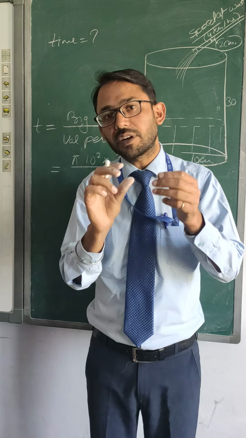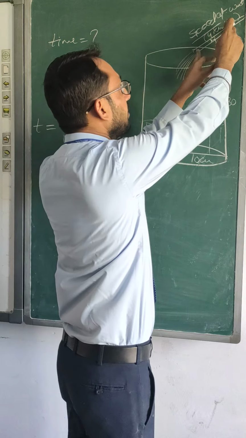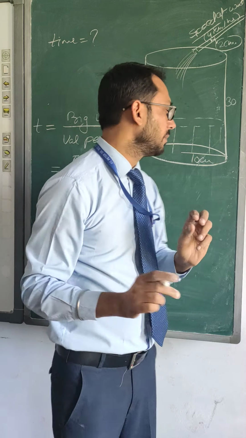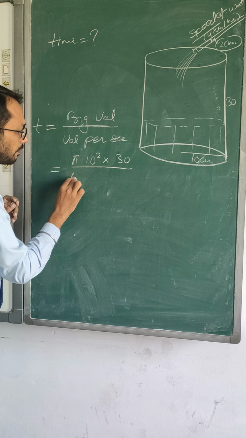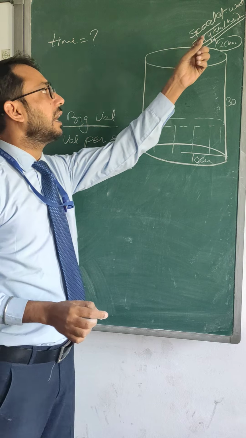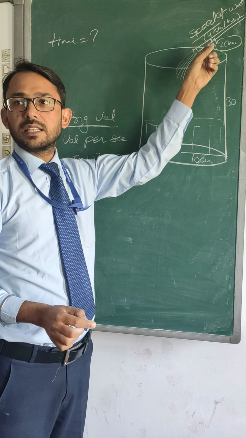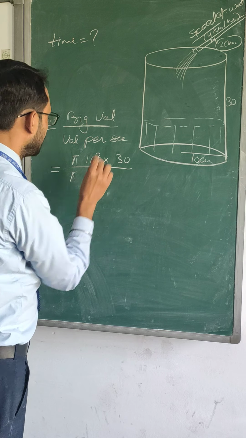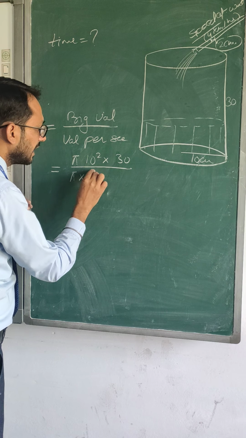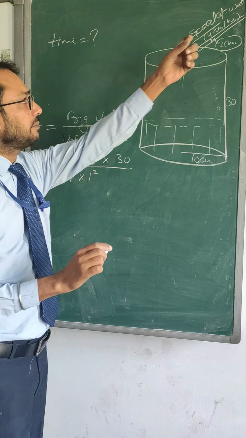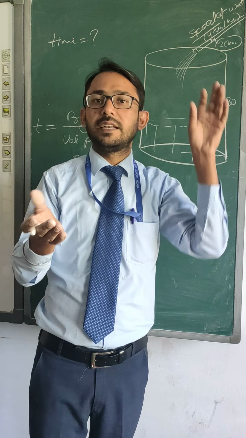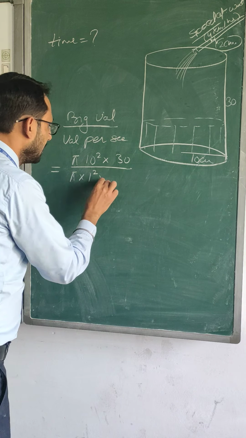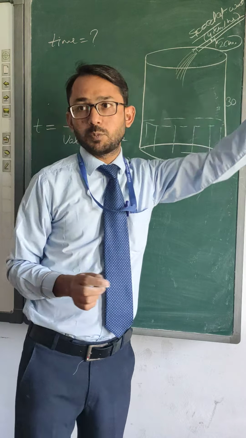Within a second, whatever volume comes through the pipe will be in cylindrical shape. So it will be pi r square, where r is the radius of the pipe, 1 centimeter, since the diameter is 2 and radius is d by 2. So 1 square into height, and the height will be the speed.